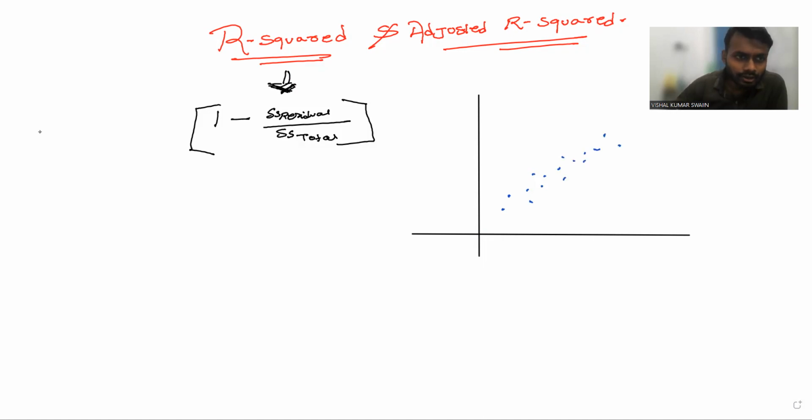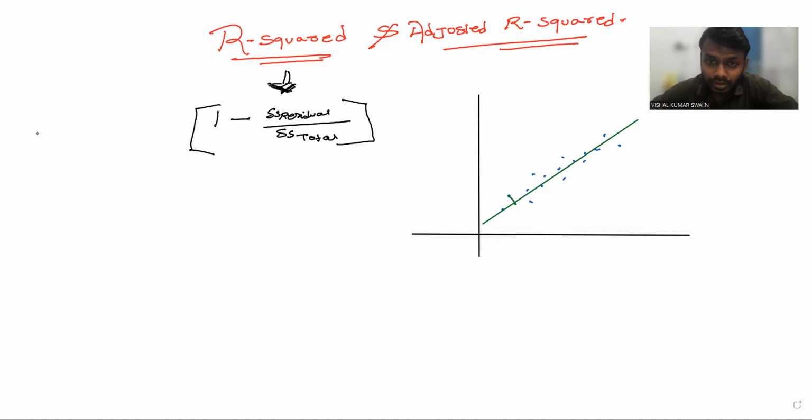According to the data points, I'm going to draw one line, which is the predictor line. Now see, the blue point is the actual value, and this green line is nothing but the predictor value. I already explained that in the previous part.